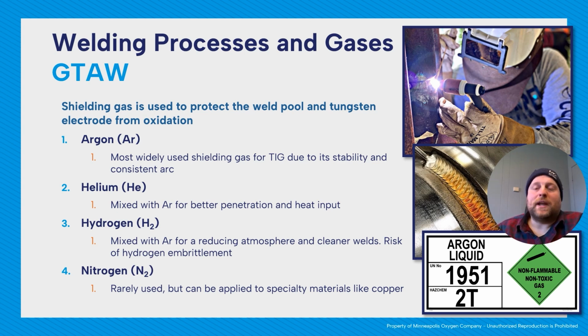When you heat up the metal, you're moving the crystal structure of the metal apart, and in all those spaces between the individual cells, you can get hydrogen in there. It coalesces, it gets stuck, and it provides a little bit of pressure, and that pressure is enough to make a crack eventually. That's why we have low hydrogen electrodes, that sort of thing. Nitrogen is not used a lot for TIG, but can be applied for materials like copper.